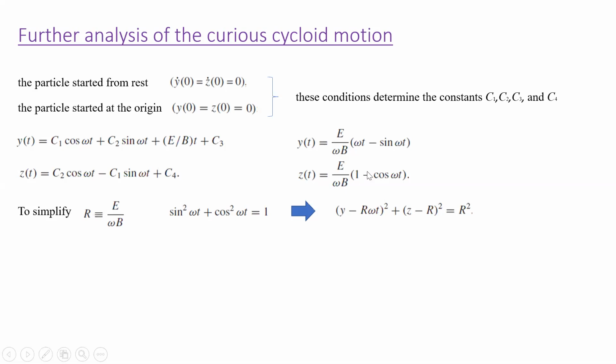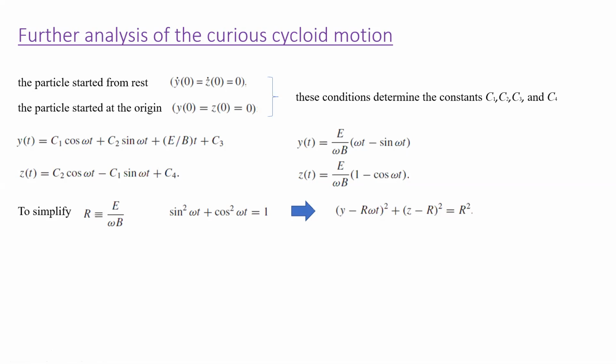And if we do something similar for cosine omega t, we get r times cosine omega t. Then we square both and add them, and then the sine squared omega t and the cosine squared omega t become 1. And we get this equation here.